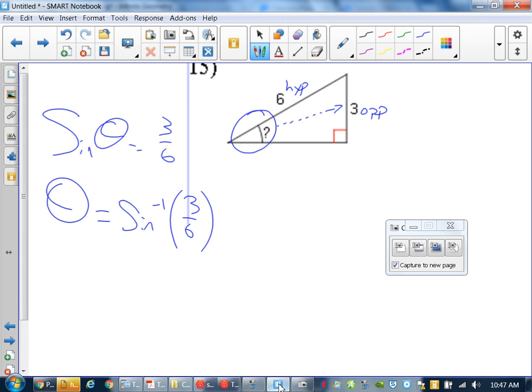Yes, sir? Are we going to be doing this way to solve for... We'll get there next week. But if you think about it, once you find this angle, if that's 30 degrees, what's that have to be? 60. Now, what's the easiest way to find the missing side length of a triangle?